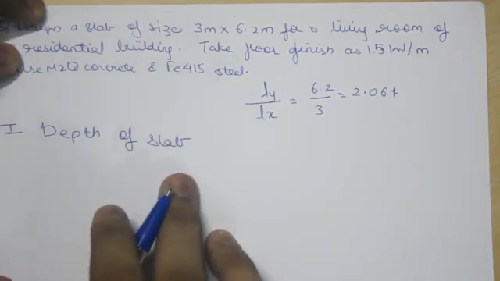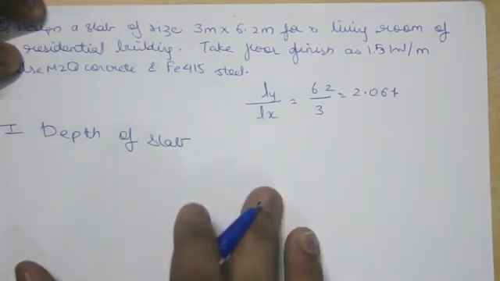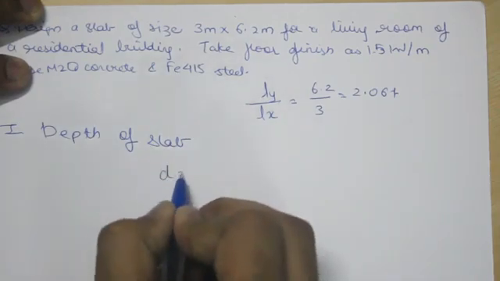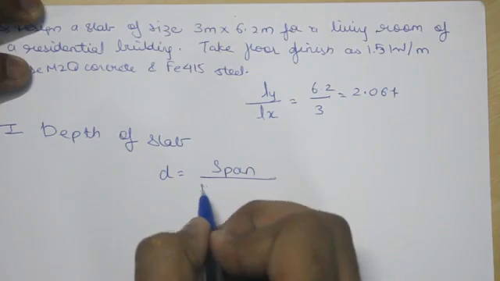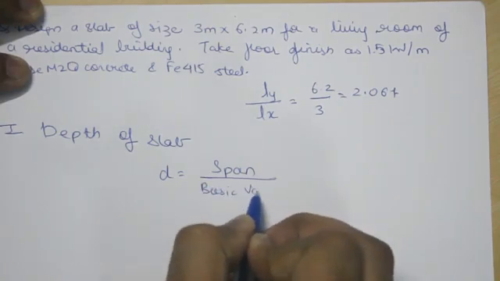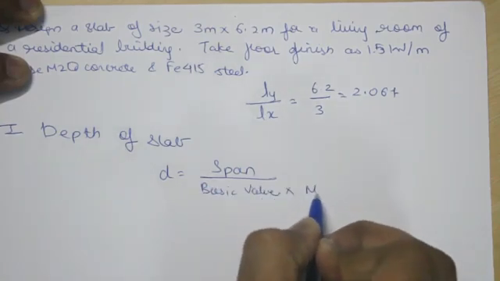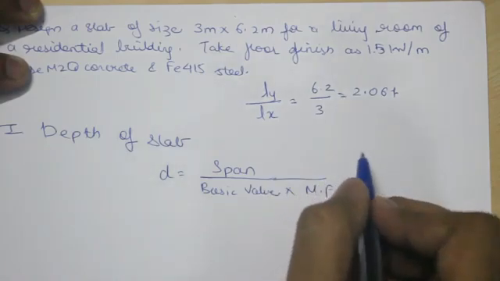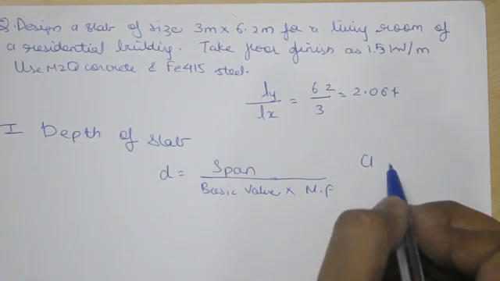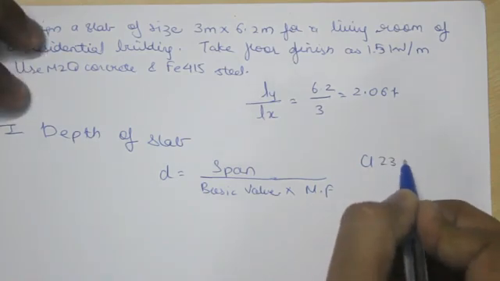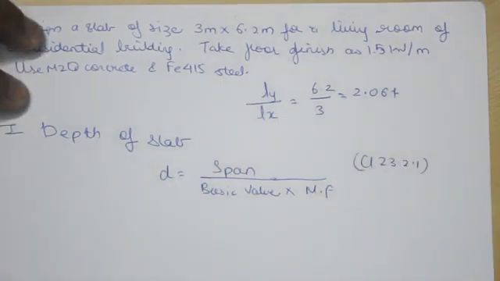So the first step would be to determine the depth of the slab. So this is determined by the span by depth ratio. The formula is D is equal to span upon basic value multiplied by the modification factor. So this is given in clause number 23.2.1 in the IS code.